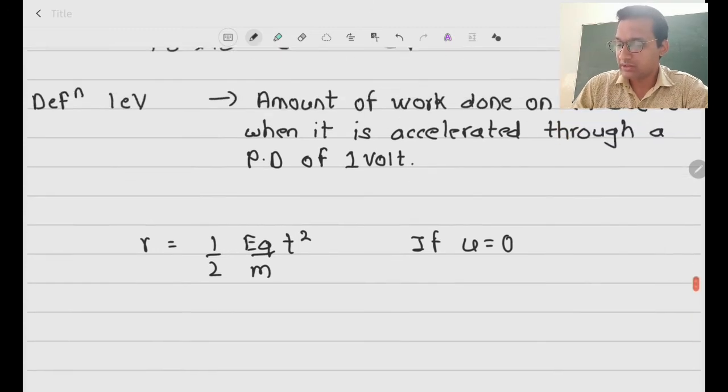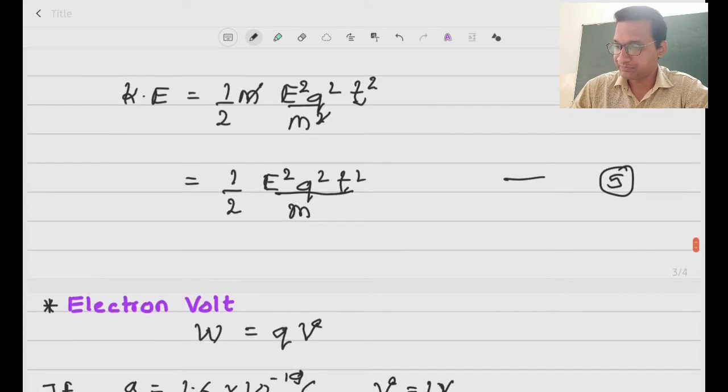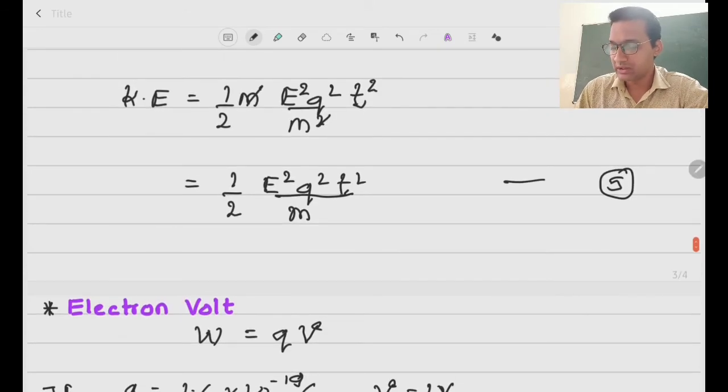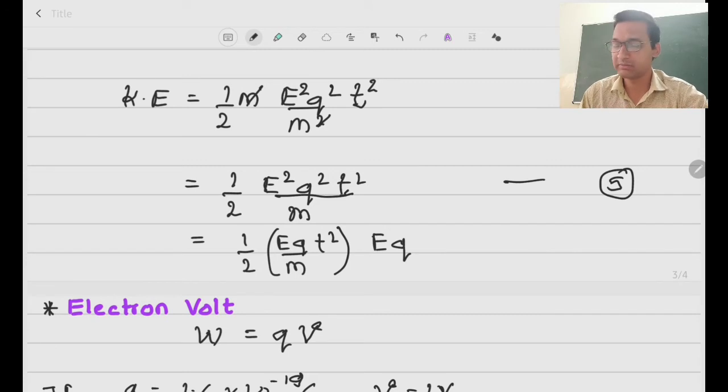Now if you look at the equation for kinetic energy, it is E square q square t square by m. We can write this equation as 1/2 into EQ by m into t square, this as a separate factor, into E into Q. So I have just separated the powers.